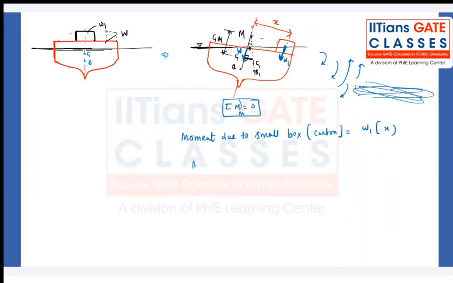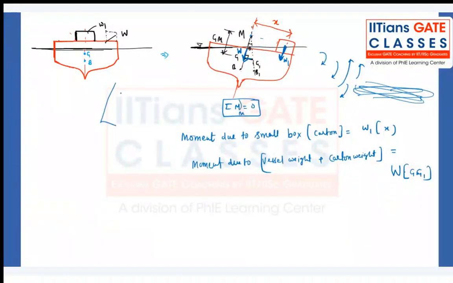And the moment due to the complete vessel weight plus cartoon weight will be W into GG1.